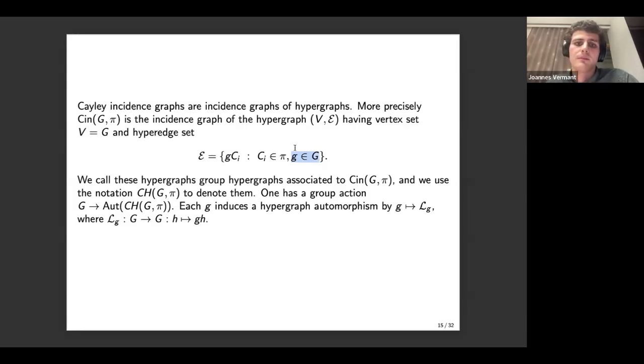These hypergraphs can be more generally called group hypergraphs, and we use this notation CH(G, pi) for them. One has a group action, where the group action is just given by left multiplication on the vertices.